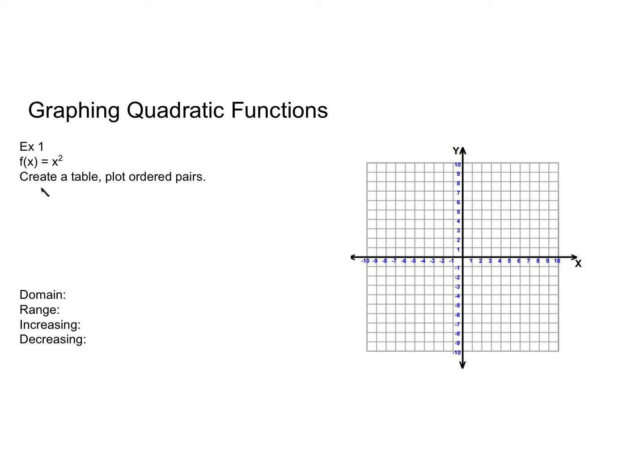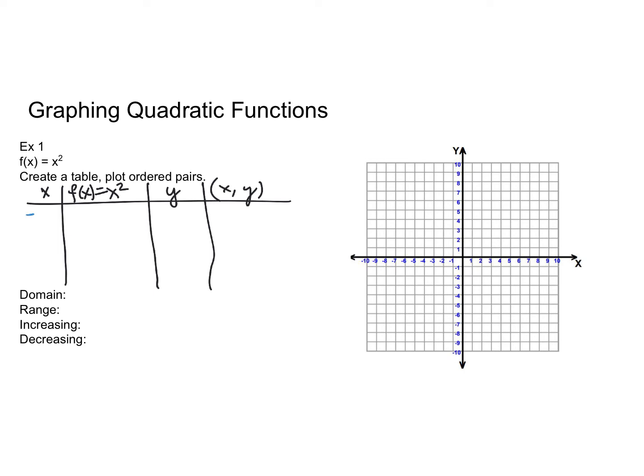So we're going to have f of x is equal to x squared, and then our y coordinate and x comma y. Okay, but this time, so we can get the full view of the graph, we're going to do a little bit more. We're going to do -2, -1, 0, 1, and 2. So we're actually going to do more ordered pairs so we can see what that shape looks like.